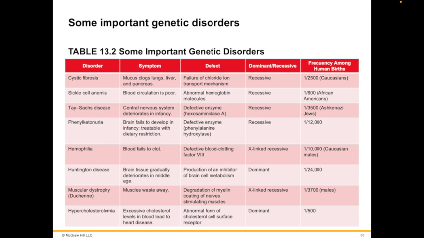So here is that table mentioned, Table 13.2, with the disorder, symptoms, the defect, dominant, recessive, or X-linked, the frequency among human births, and those affected groups of people as mentioned just moments ago.